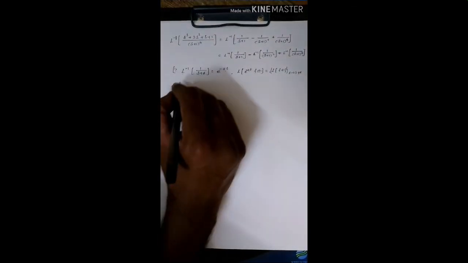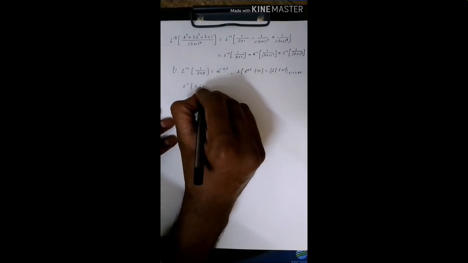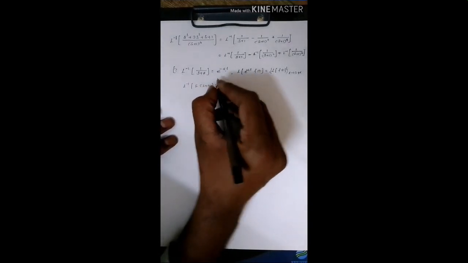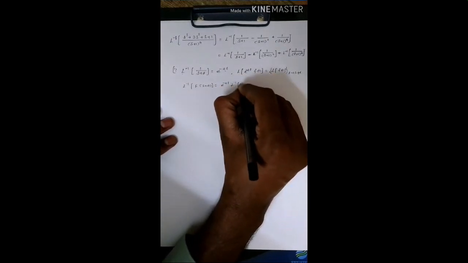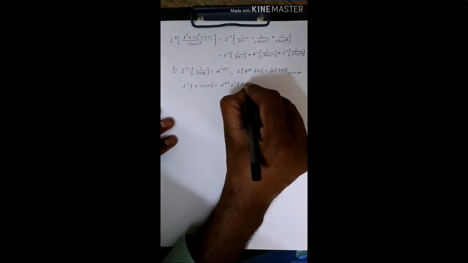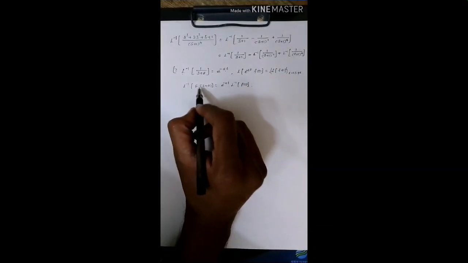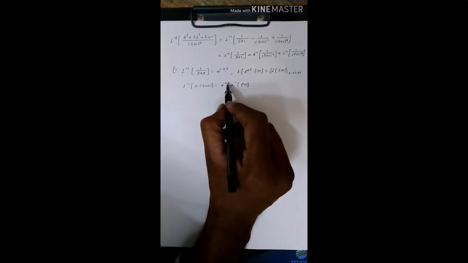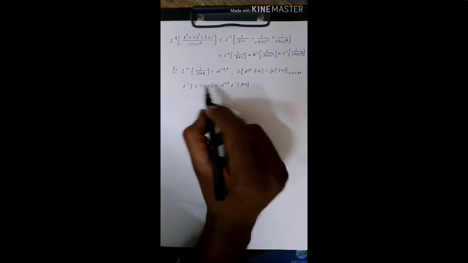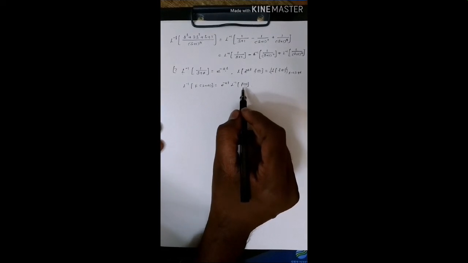Now take Laplace inverse on both sides, we can get L inverse of f of s plus a equal to e power minus at into Laplace inverse of f of s. That means in Laplace inverse, when we have a function like s plus some number, we can replace it with e power minus at, and L inverse of, instead of s plus a, you have to write s. That is L inverse of f of s. So this is the first shifting theorem.